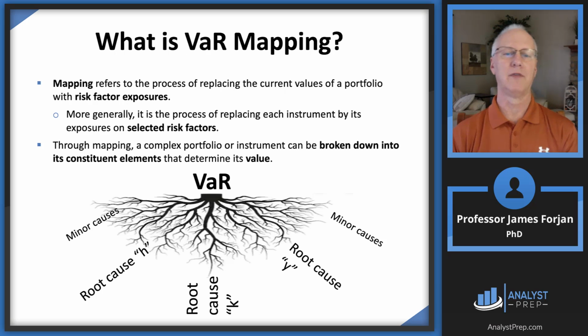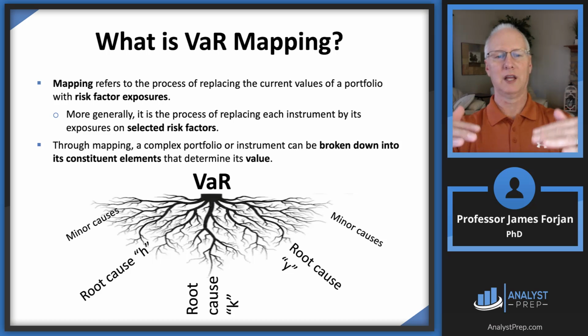All right. So I love this illustration here as part of a definition of value at risk mapping. And so look at the value at risk, and they have all the roots growing downward and outwards and sideways and backwards and forwards, and some are deep and some are shallow. Think of all those roots as those 1 million variables that I described earlier.